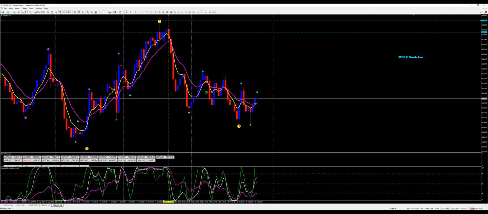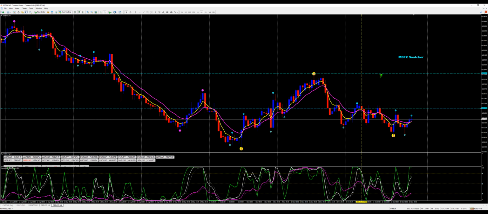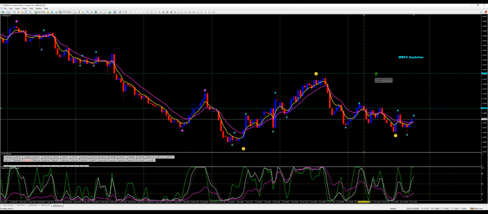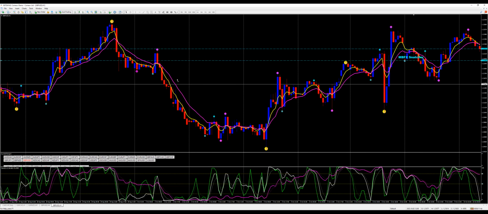173 pips. You come in the next week and you say, okay, I'm still looking for a short. Here's my swing. That's the short-term swing, right? And starts to go down over here. You don't have to use it, but it's very helpful. Let's walk it down to the 15-minute.